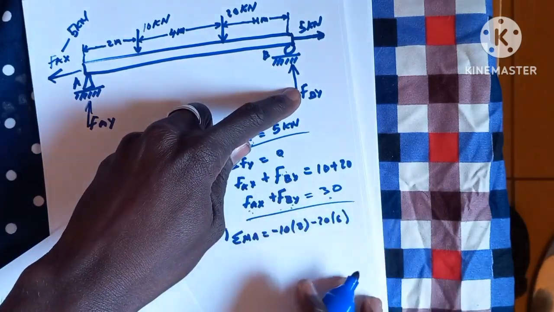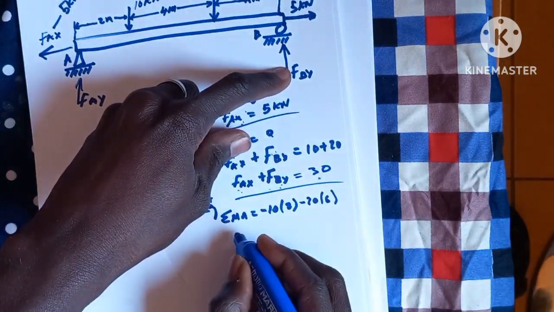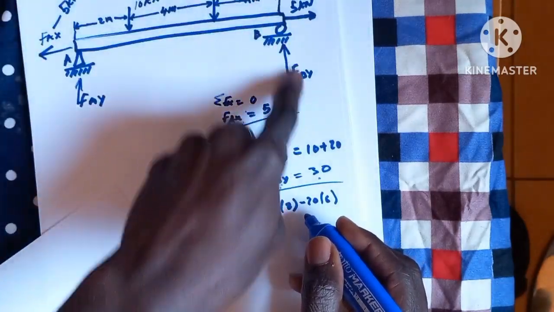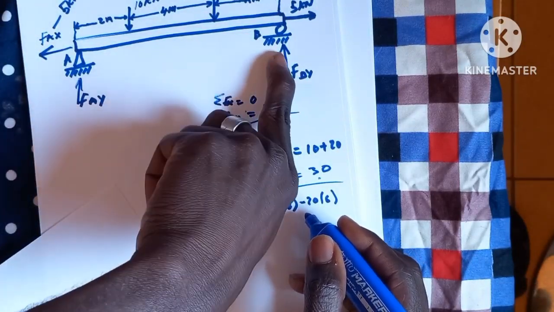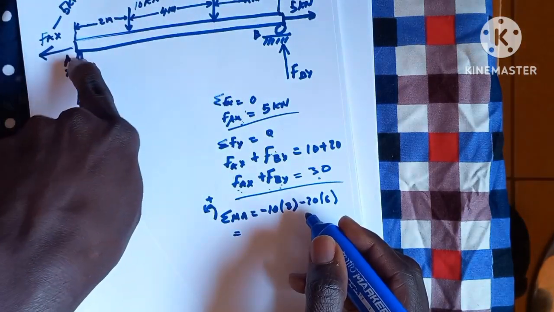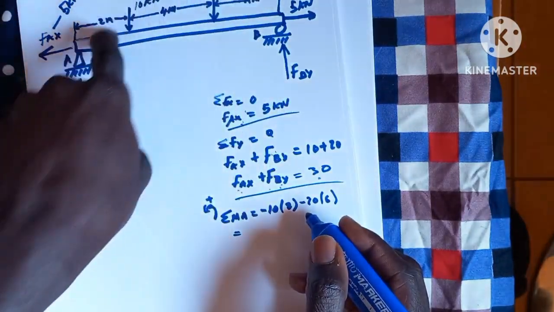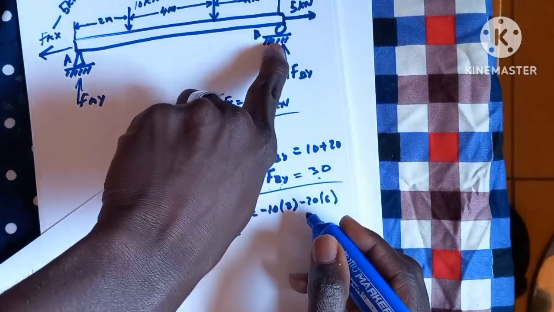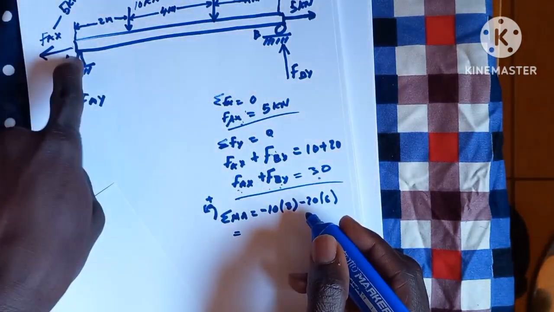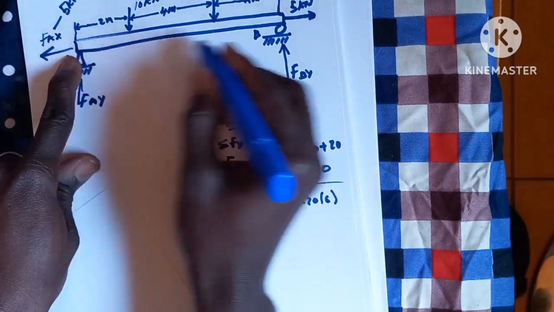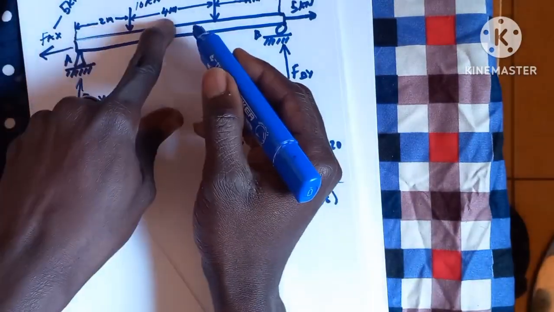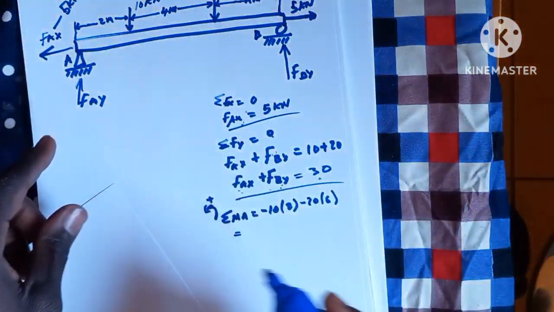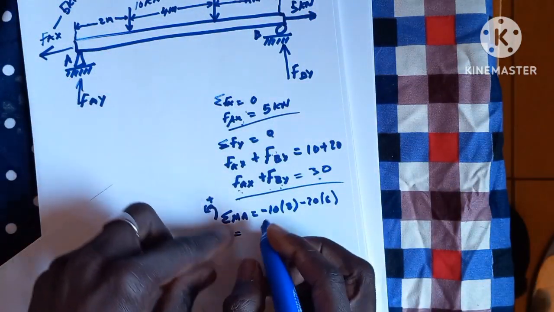We have this force which is going upward, and this force is creating an anti-clockwise rotation. So the anti-clockwise rotation is going to be positive, right? The distance between this area and this area is 2, 4, 4, so it's going to be 10.